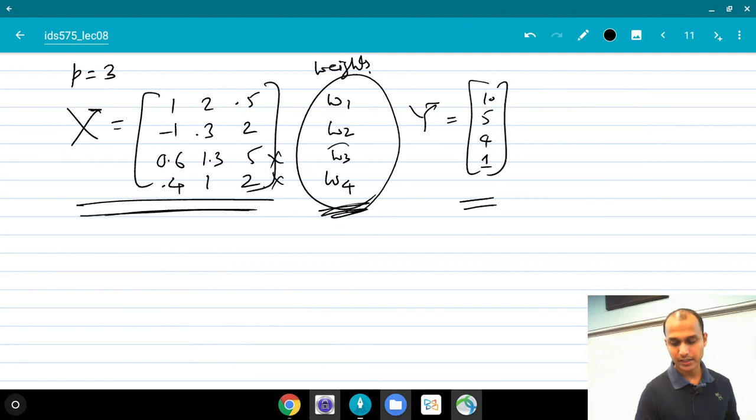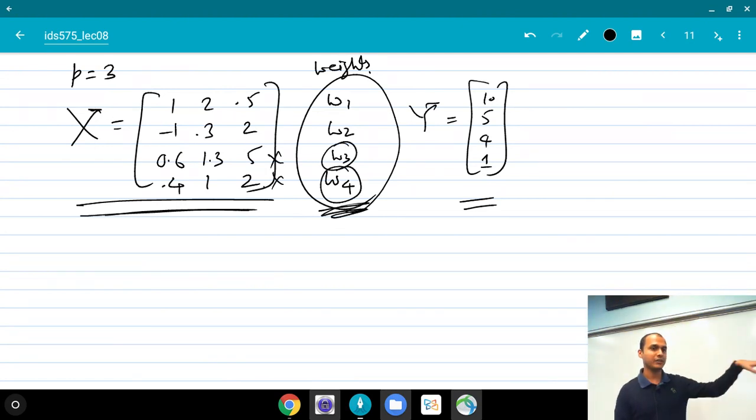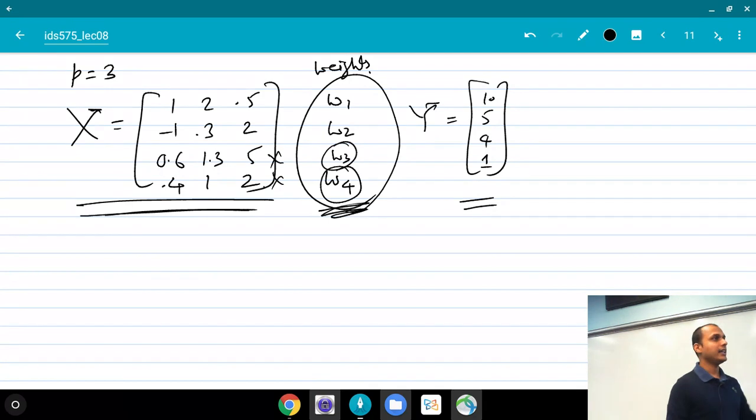So let's say the classifier didn't do well on these 2 points, then these 2 weights, which initially were values 1 by n or 1 by 4 in this case, 4 observations, those 1 by 4 numbers would be increased in some specific way. So we are increasing the weight of those observations which were misclassified before by my current classifier, which is F1.